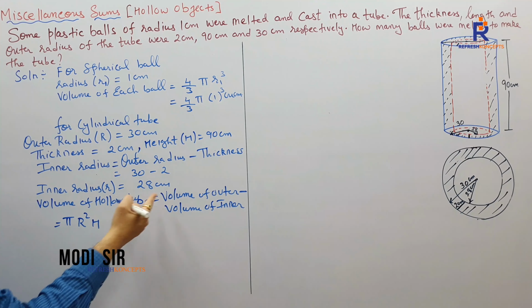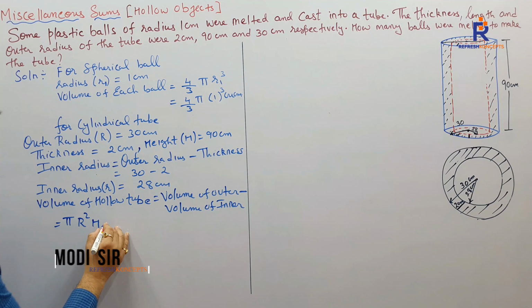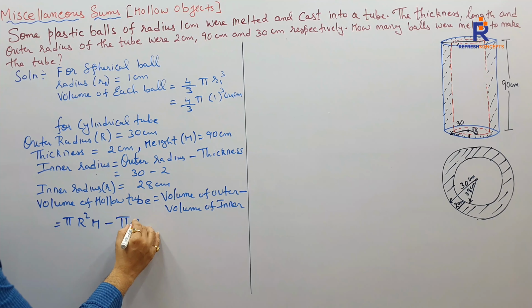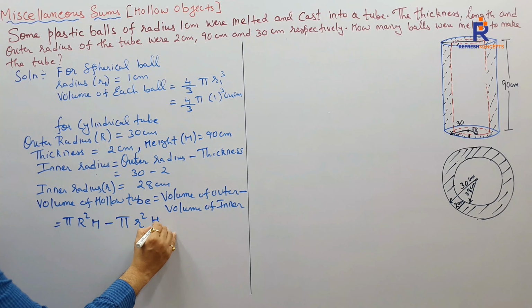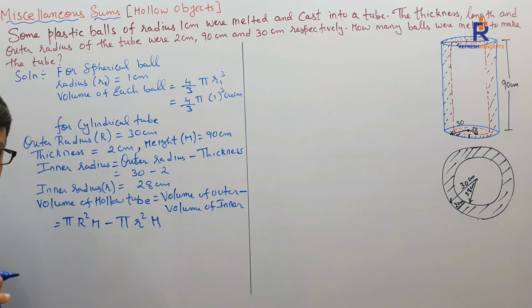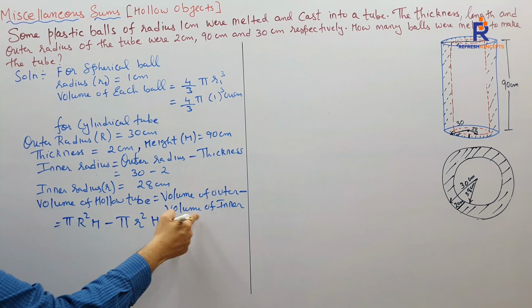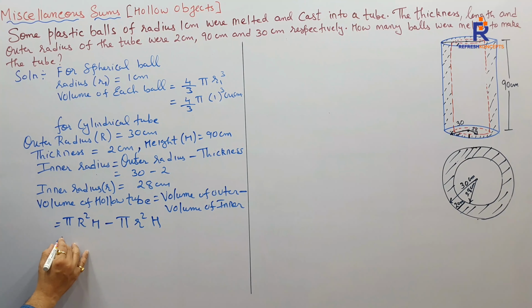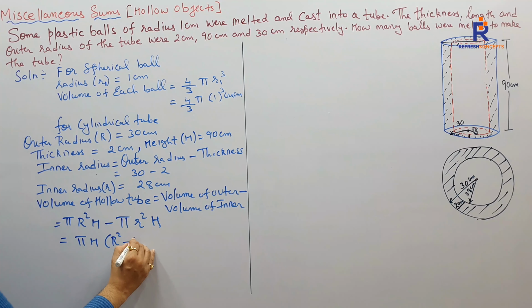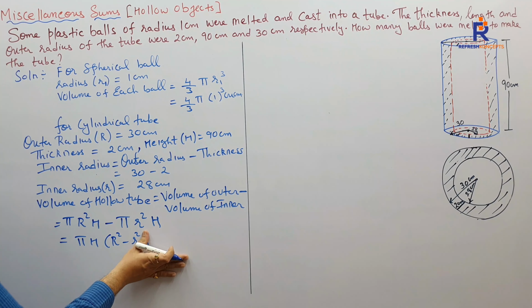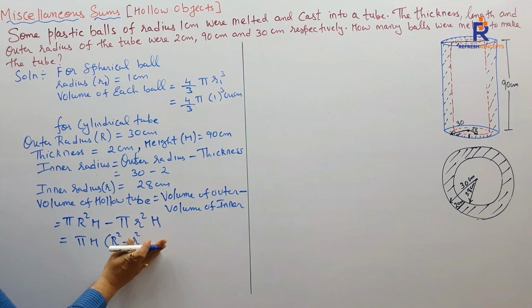Pi R square h is the volume of the outer cylinder minus pi r square again h, because the height is the same, of the inner cylinder. Can I say it is pi h common, R square minus r square.